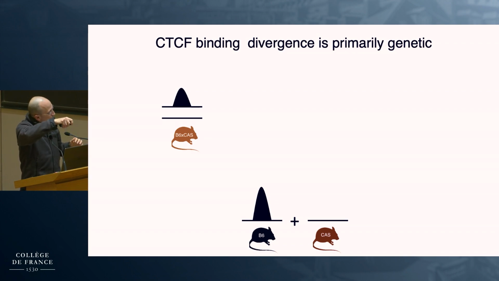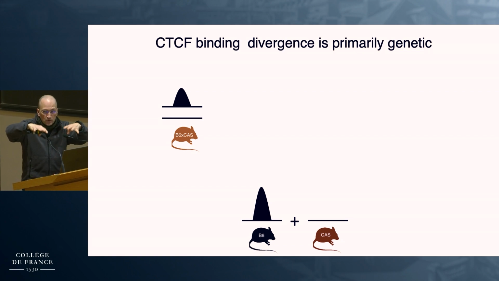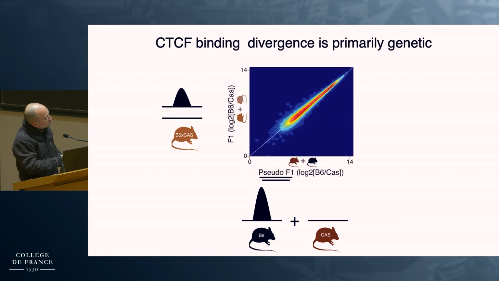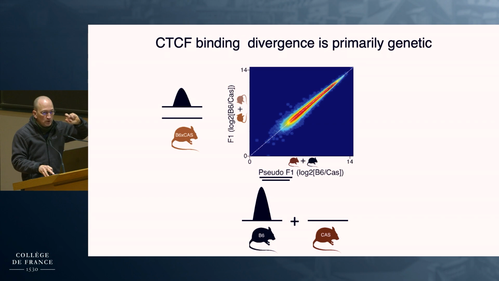In contrast, what we did is we created a pseudo F1 where we took the parent strains and we just computationally pooled an equal amount of sequencing reads from the same experiments, and then we created a scatter plot. And what you can see is that this artificial F1 perfectly recapitulates the native F1, which means that the vast majority of influences here are purely the protein-DNA contacts alone, with no outside influence from RNAs or co-binding factors or anything like that.